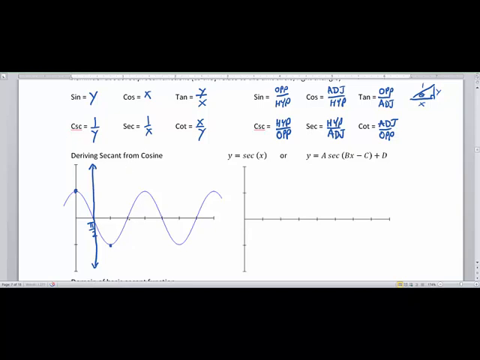And here's another place at 0, at 3 pi over 2. This is going to be another asymptote line because the reciprocal of 0 is undefined, because it's 1 divided by 0. So in fact, all of these places where our original cosine line crosses the x-axis are going to be asymptote lines.